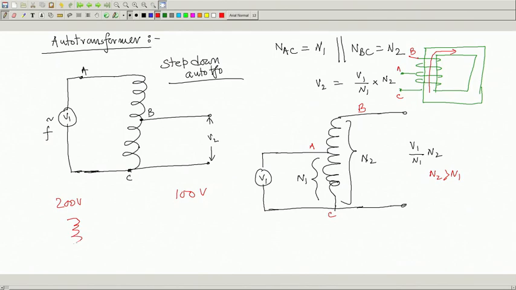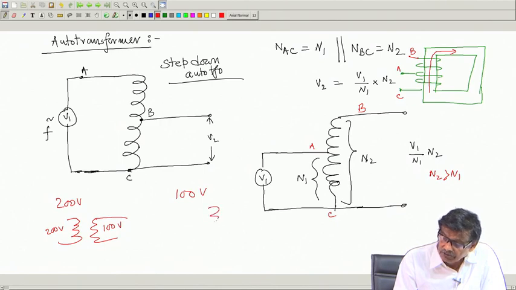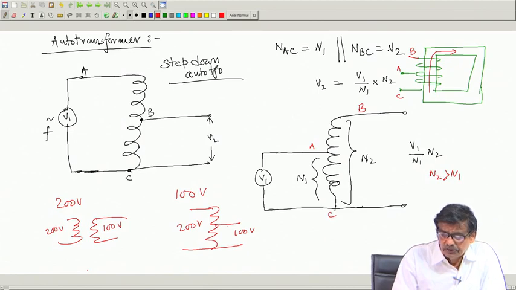I will use a two winding transformer, 200 volt and 100 volt, or I can also use an auto transformer, where the tapping here will be at half of the full number of turns. So, 200 here, 100 there.